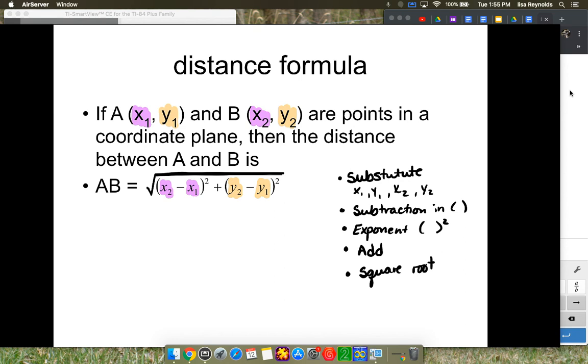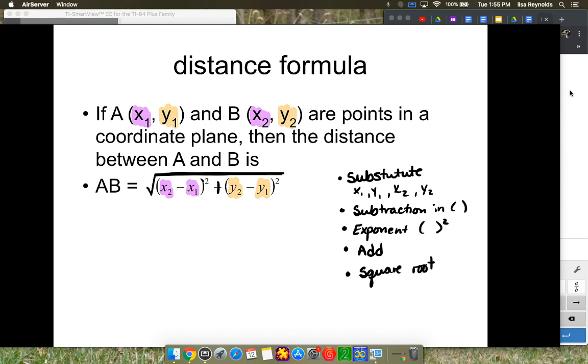So substitute in your four numbers: your x1 and y1 from your first ordered pair, and your x2 and y2 from your second ordered pair. It actually doesn't matter which ordered pair you call first or second. So it's the square root of (x minus x) squared.